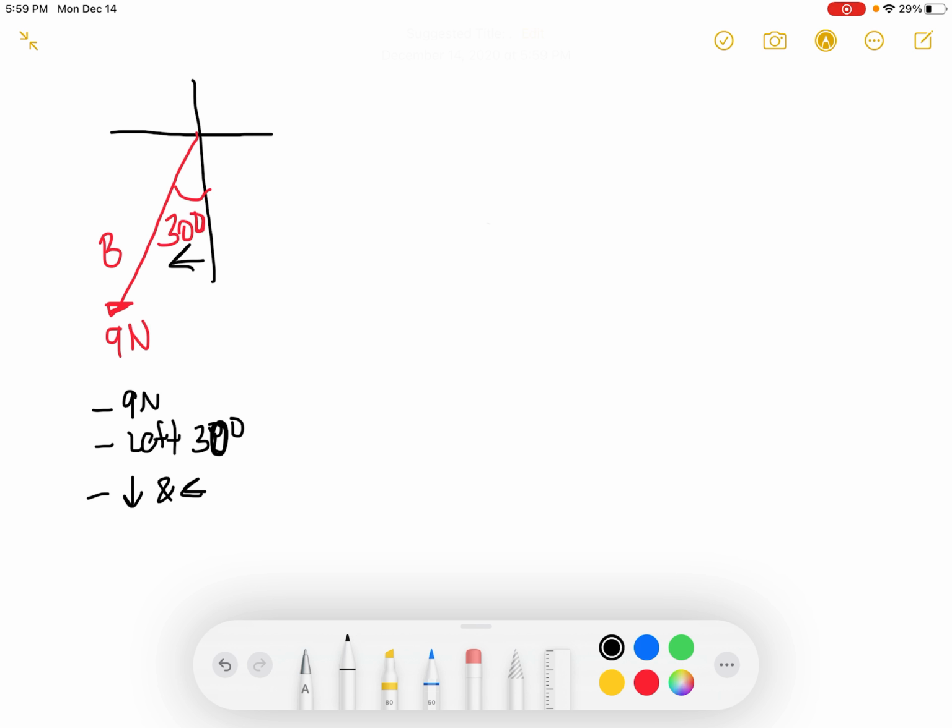So if you're experienced with this, you could already know that's what the answer is going to be for finding the x and y components. But for this purpose, I will still solve them out in case you didn't understand. So Fx, this time, is over here. To find Fx, we use either sine or cosine. We're going to use sine because it is opposite to the angle.